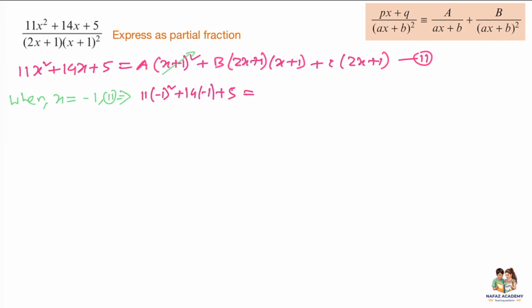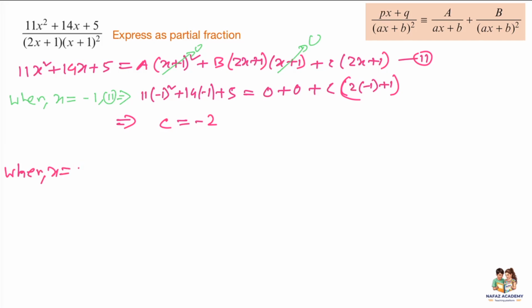The A part and B part, as they have x plus 1, right? So they will be 0. Only the C part, 2 times 1 plus -1, it is plus 1. So what is the value of the left side? C equals, yes, -2.